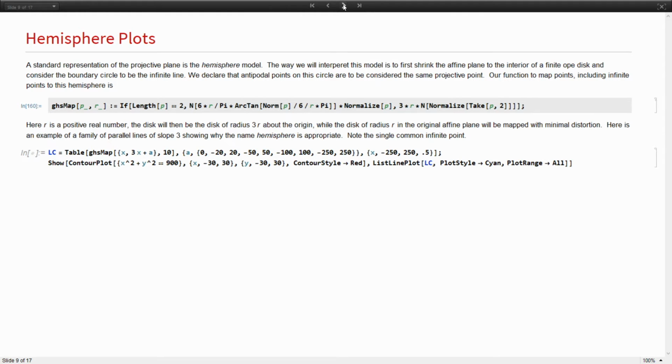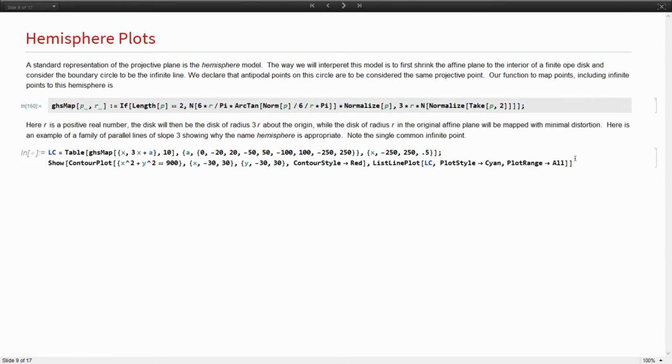Okay, my next representation is the idea of a hemisphere plot. Hemisphere plot, actually, if you Google it, is a standard representation of the projective plane. Basically, what I do is I use the arctangent function to shrink the plane to the inside of a disk, in this case of radius 3r, and then the circle bounding that disk is the infinite line, and the interior is the normal, what we call affine plane.